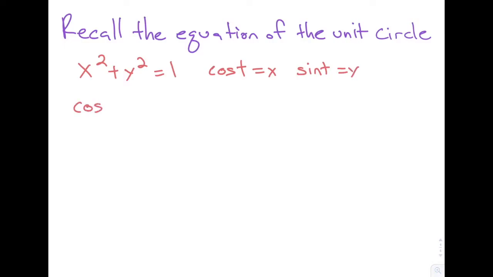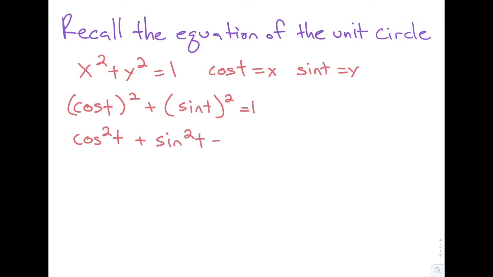We can say cosine of t squared plus sine of t squared equals 1. Now, in general, we'll pull the square in, so that's cosine squared t plus sine squared t. These two statements are unambiguously interpreted as the same thing.